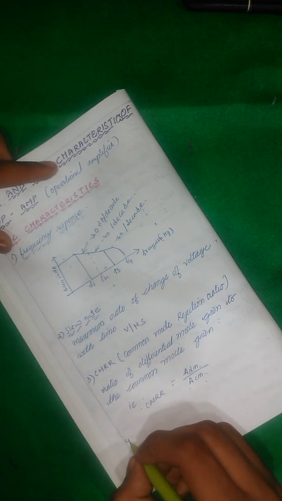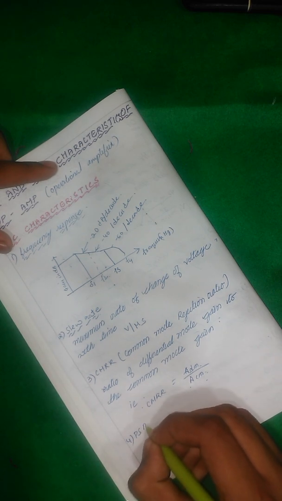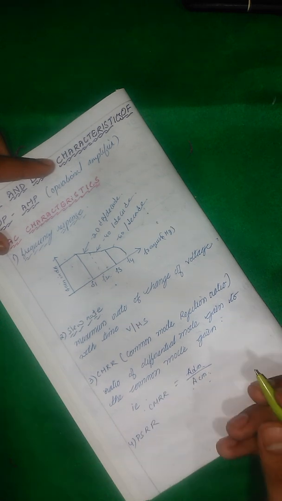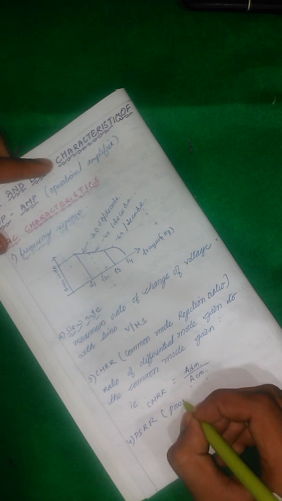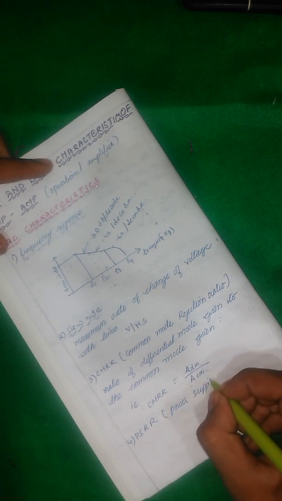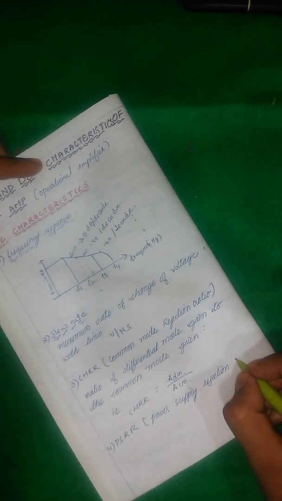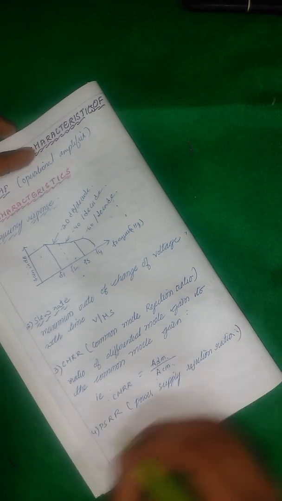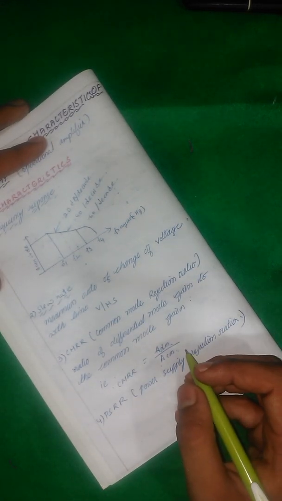Now the fourth one, PSRR. You people would be wondering what the full form of PSRR is. It is power supply rejection ratio. Now what is power supply rejection ratio?